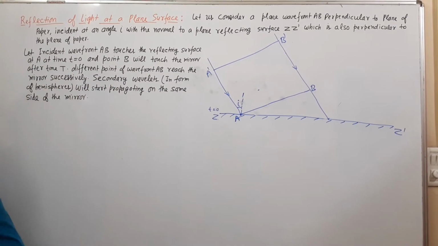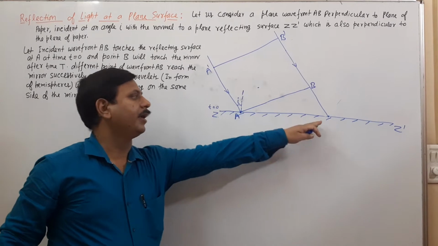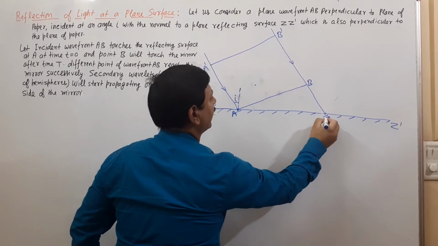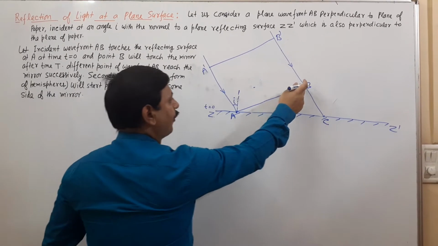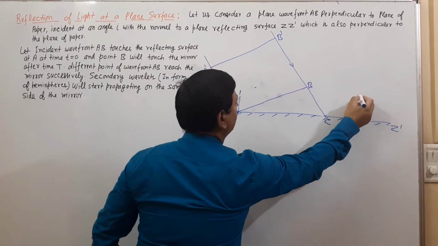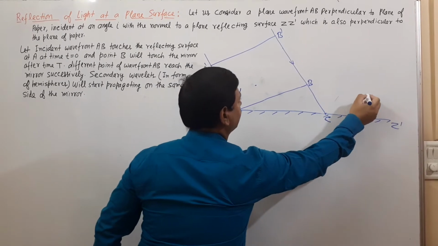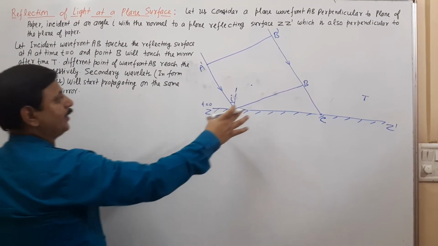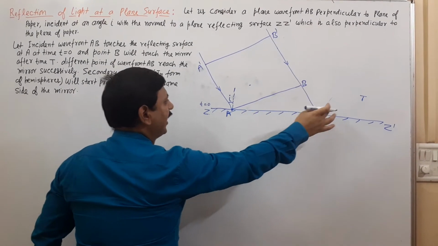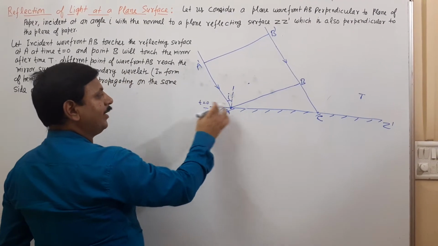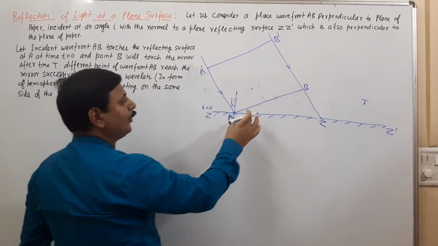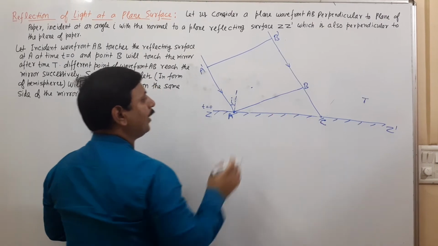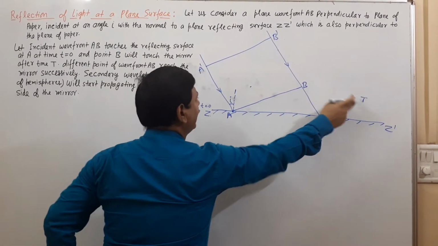After time t, it will touch the mirror at point C. So from here to here, time taken is capital T. Different points of the wavefront: B will reach C at time t, A will touch at t equal to 0. So between A and B, all points will touch the mirror between 0 and t.